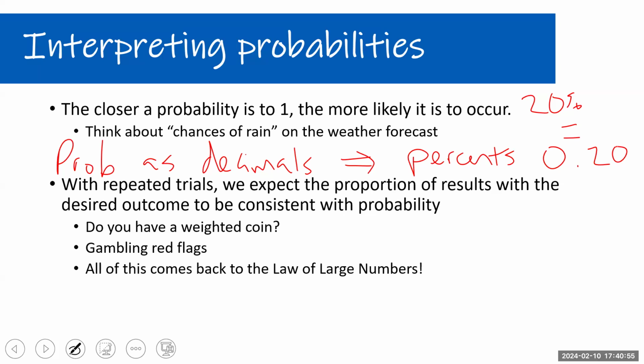A lot of this is how gambling red flags work, right? If the pit boss is watching you and you are getting lots and lots and lots of very lucky tosses or very lucky slot machine pulls, they're going to start to get concerned. If you win 2 jackpots in a row, they might be concerned, but they don't really have a leg to stand on to accuse you of anything yet without other evidence.